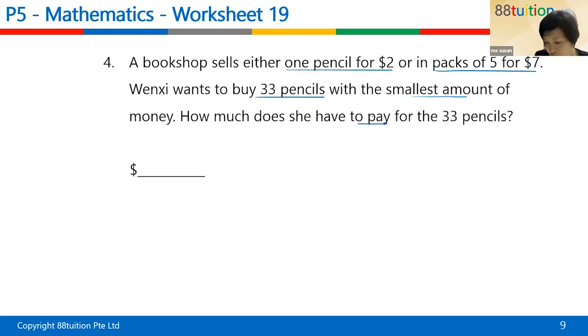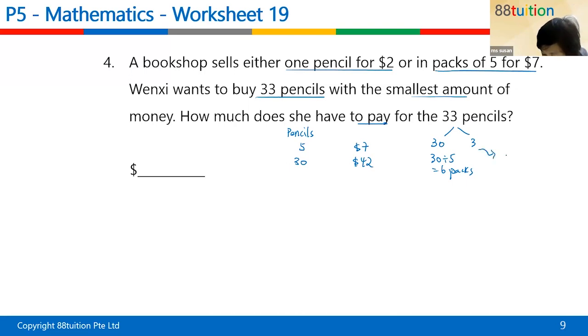Actually, 5 pencils are meant for $7. For 30 pencils, what is the nearest? It will be 30 plus 3. When 30 is divided by 5, you get 6 packets. So you must times 6 by $7, that gives you 42.